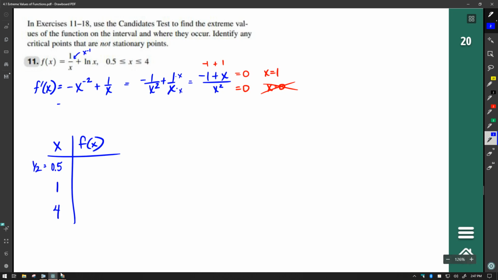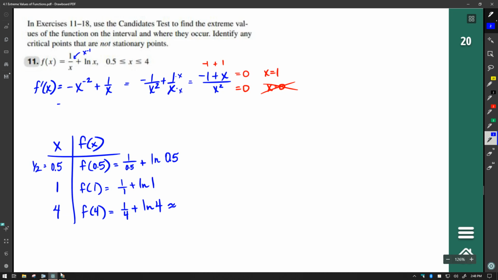So what are these function values? f of 0.5, or f of 1/2, would be 1 over 0.5 plus the natural log of 0.5. And let's see then, f of 1 would be 1 over 1 plus the natural log of 1. And then f of 4 would be 1 over 4 plus the natural log of 4.